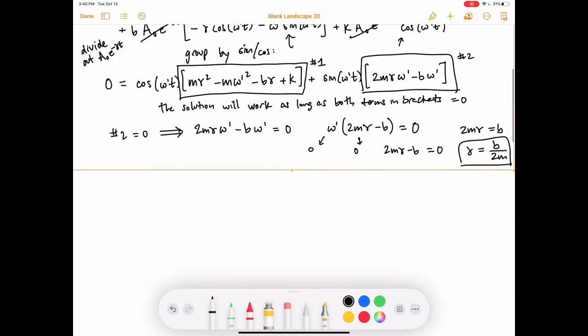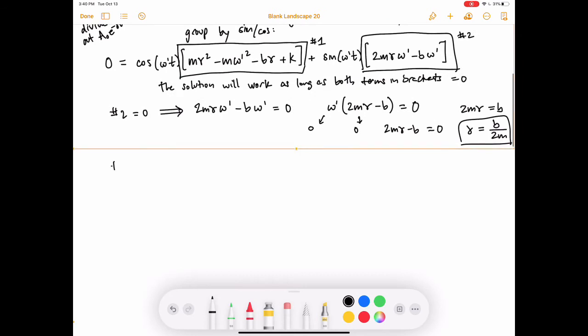Okay, now let's take the first term in brackets and set that equal to 0. So we have m times gamma squared minus m times omega prime squared minus b times gamma plus k is equal to 0. Okay, let's rearrange this a little bit.